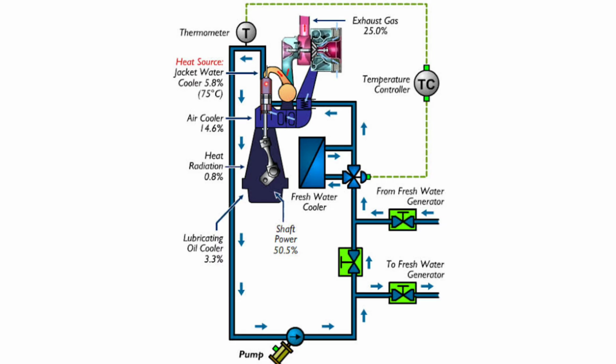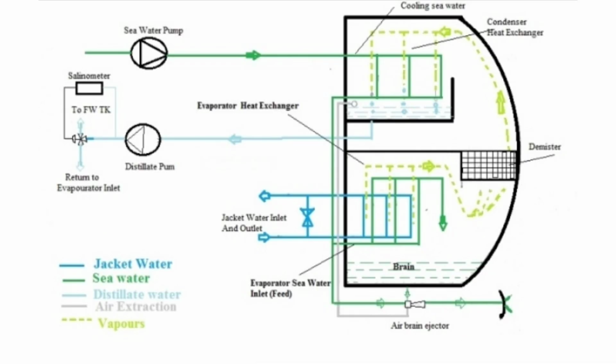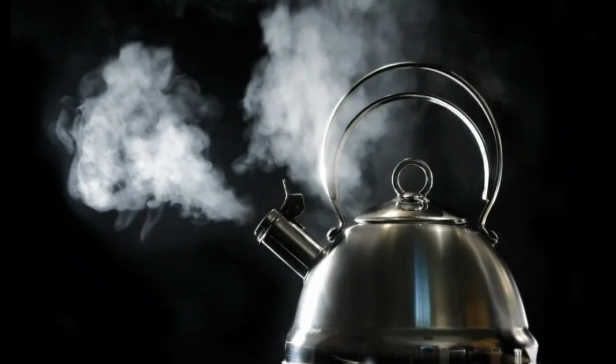The submerged tube type freshwater generator uses the heat from main engine jacket cooling water to produce drinkable water by evaporating seawater due to high vacuum, which enables the feed water to evaporate at a comparative low temperature. Steam can also be used as a heat source instead of main engine jacket cooling water.